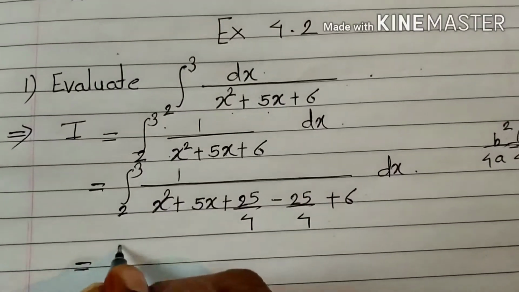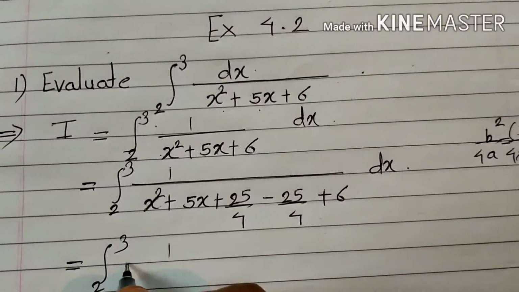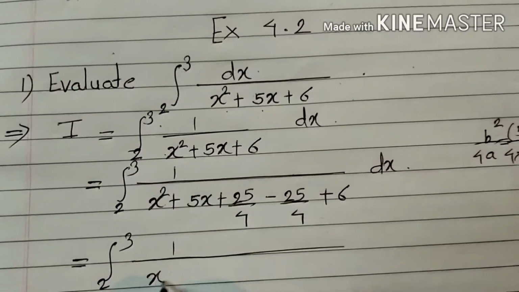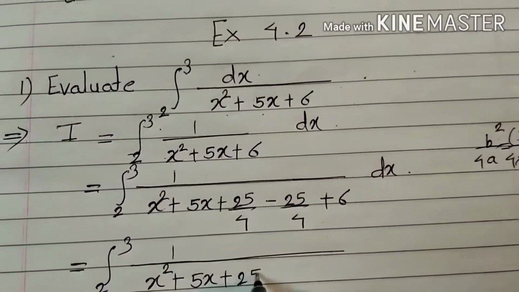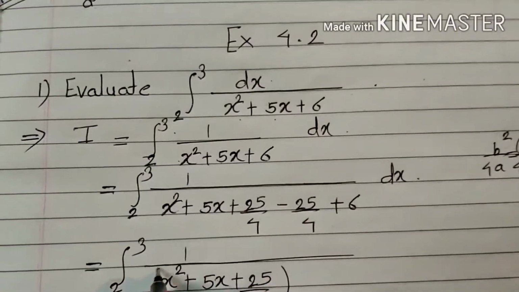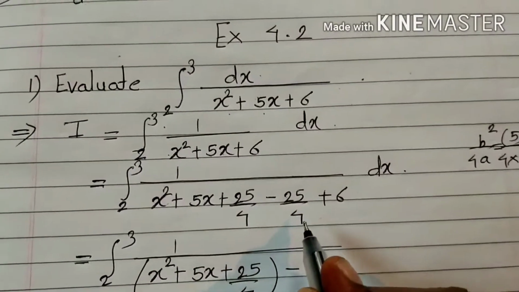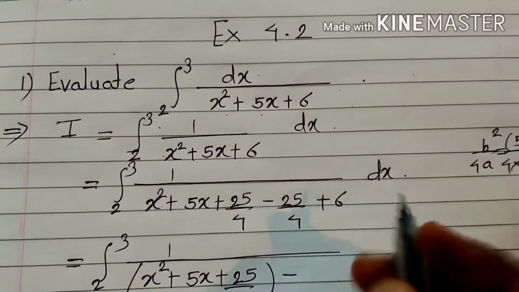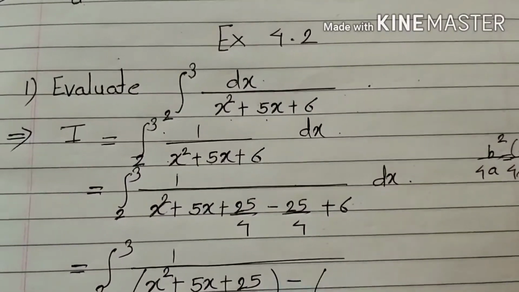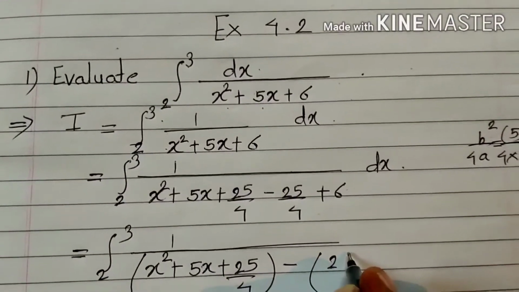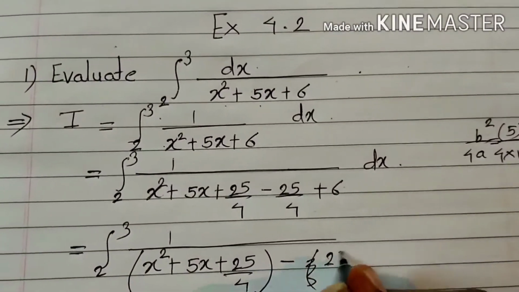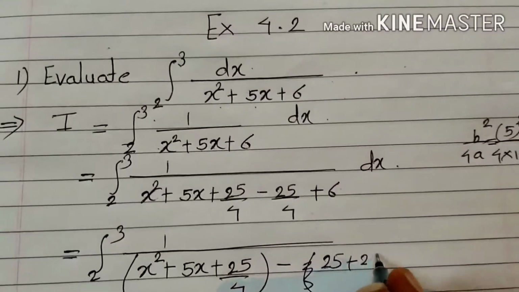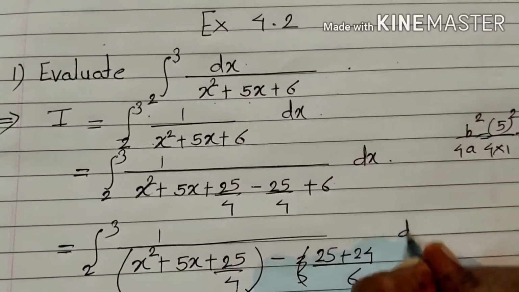Now from 2 to 3, 1 upon, take it in one bracket. So it is x square plus 5x plus 25 upon 4. And calculate this, 4 into 6, 24. So it is like that, minus 25 plus 24 upon 4 dx.